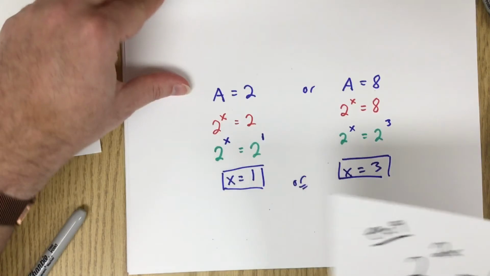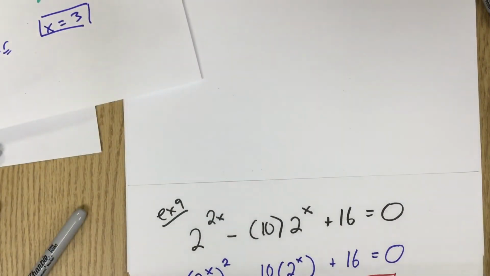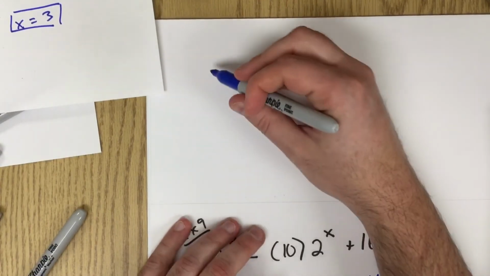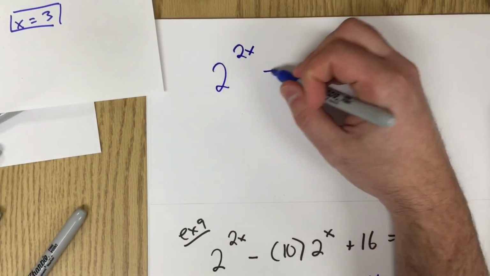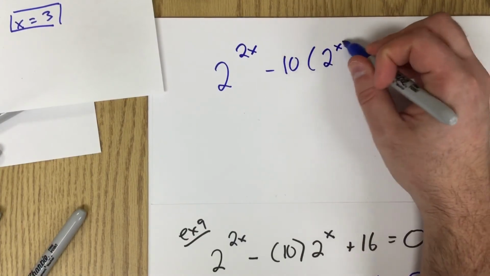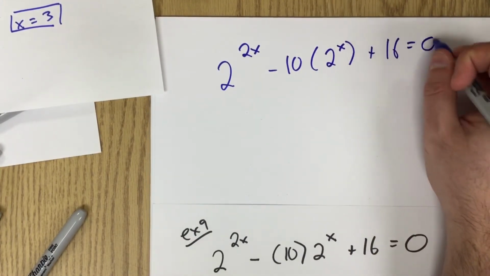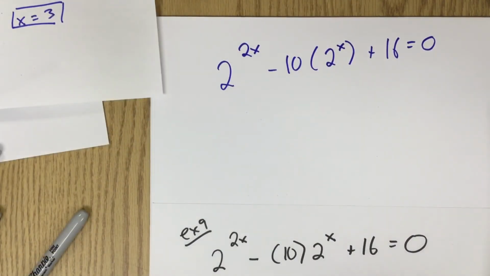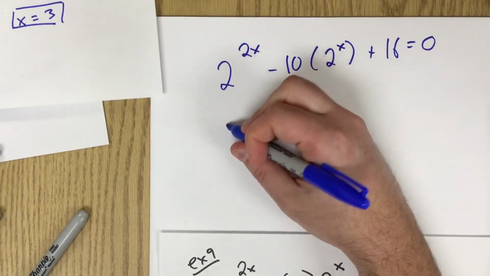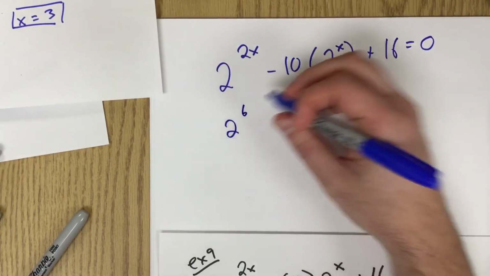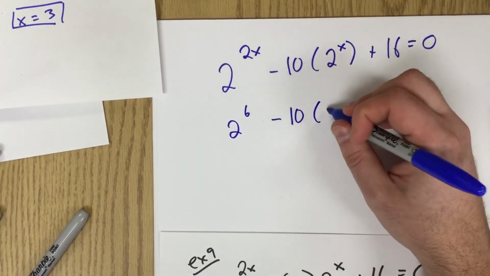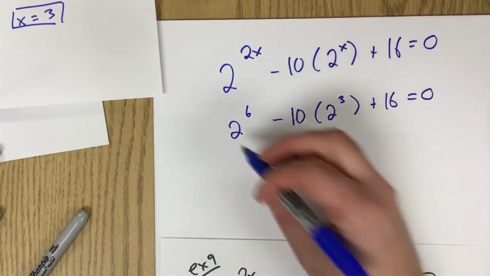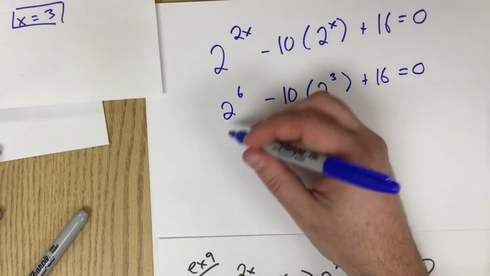Let's quickly check if one of them works. So let's say we have 2 to the 2x minus 10 times 2 to the x plus 16 equals 0. We think that 3 is a potential solution. So that's going to become 2 times 3 is 6, so 2 to the 6, minus 10 times 2 to the 3, plus 16 equals 0. 2 to the 6 is 64.